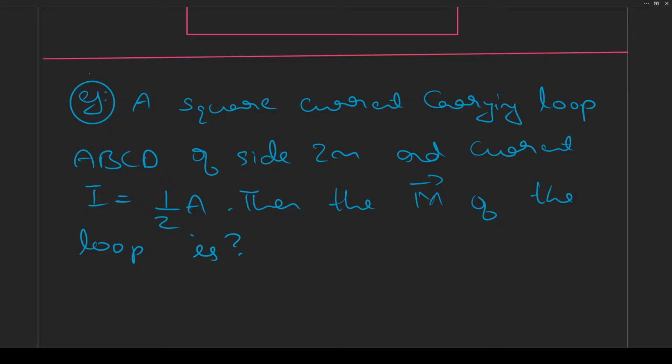They're asking to find the magnetic moment, and this is not as simple as we see here, because this is the axis here, and there is a loop like this, a loop like this.